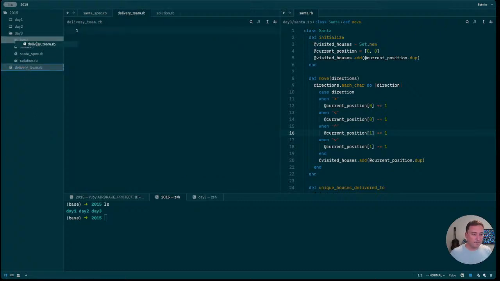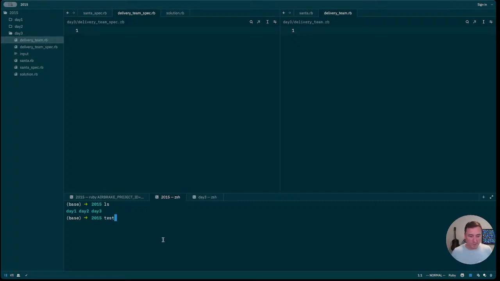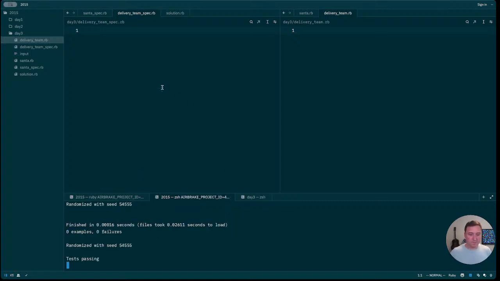Move it in here, and new file delivery_team_spec.rb. Move delivery team over here. We can start testing, day 3 delivery_team.rb, and day 3 delivery_team_spec.rb. Let's get that going. No failures.